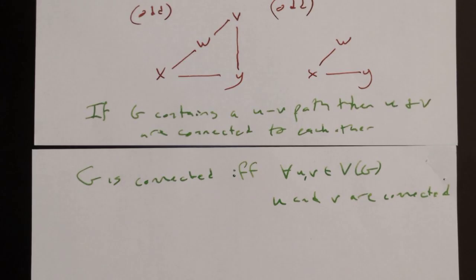Disconnected vertices. Well, yes, being connected means it's not disconnected, but what does that mean in the picture? To each other, right? They may not have single edges to each other. They may be a walk, a path, but it means that I can get from any vertex to any other vertex. It's one blob.